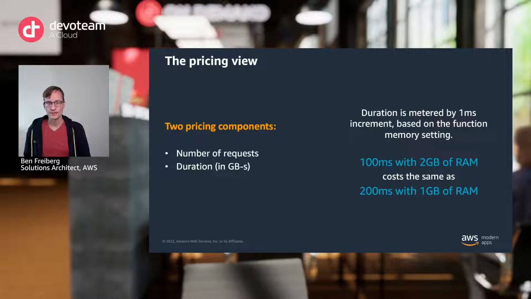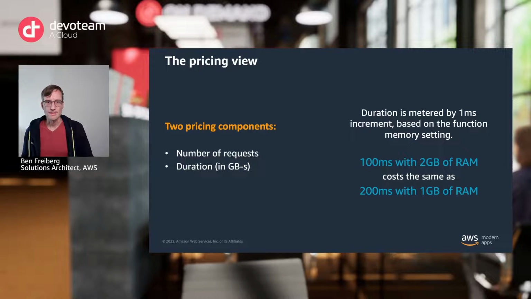Another view is pricing. Lambda has a very simple pricing model. You pay for the number of requests and their combined duration in gigabyte seconds. The size of the memory is configurable between 128 megabytes on the low end and up to 10 gigabytes.